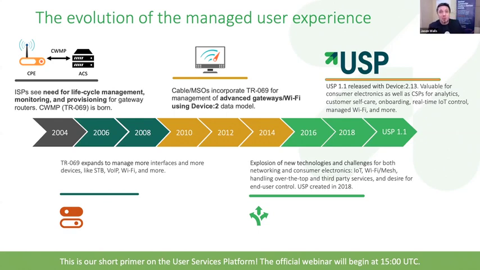And then after that, we saw this explosion of devices over the last 15 years or so. Now we're in a situation where there really is an order of magnitude more things. On top of that, providers really need to be able to monetize the connected home so that they can find new revenue streams.